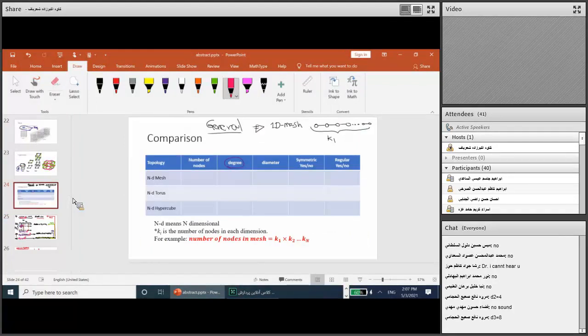Therefore, you should write down here for mesh K1, K2, Kn. Also for torus, degree 2 to the power of n, for intermediate nodes.